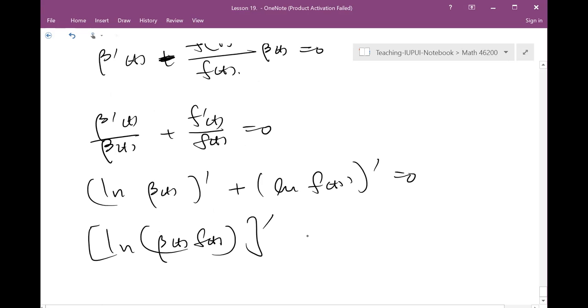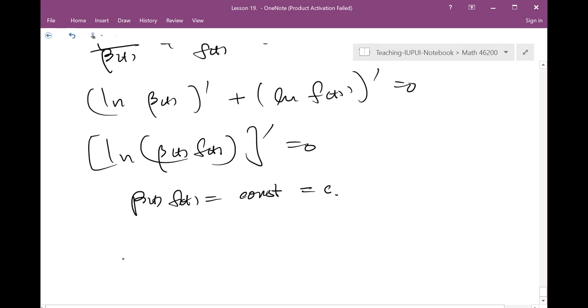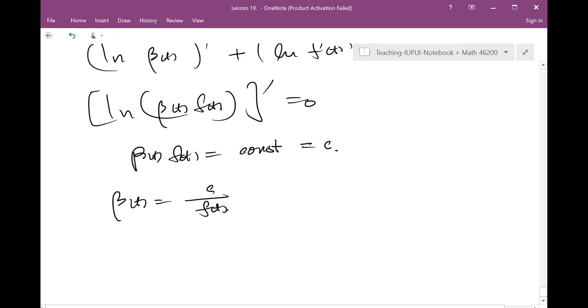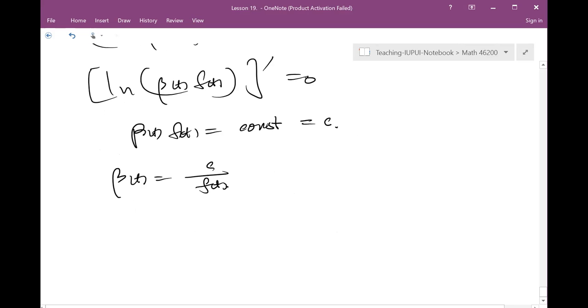That means beta t times f of t must be a constant, and let's call it C. I get the formula: this is just C over f of t. So a parallel vector field must be in the form.